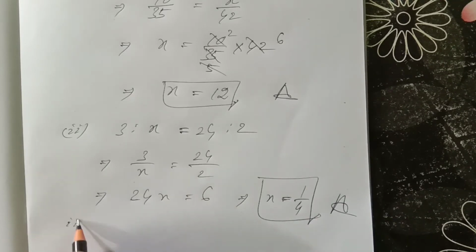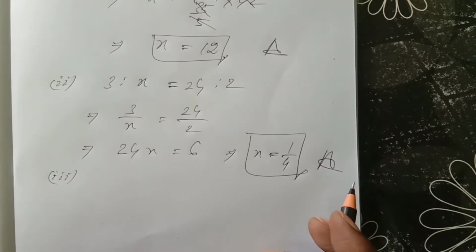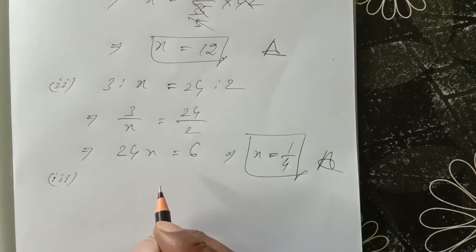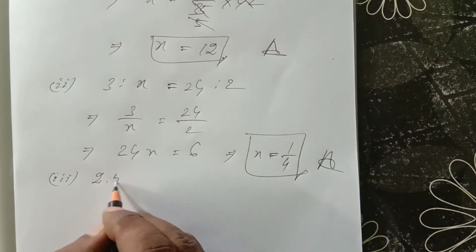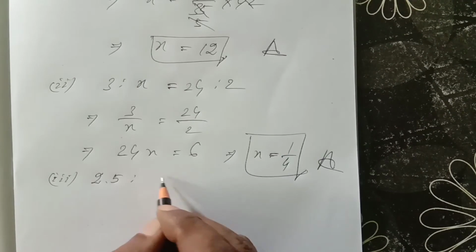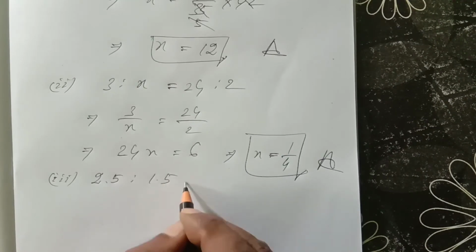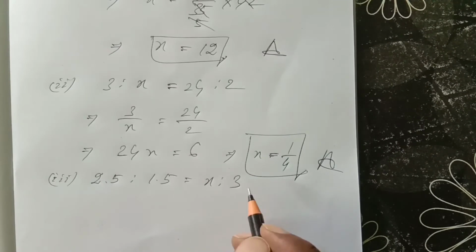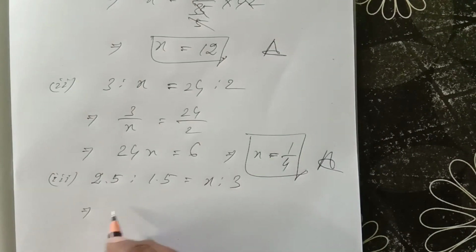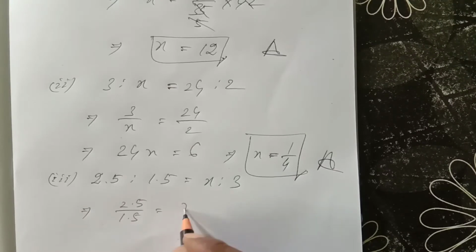Third part of the question is given: 2.5 is to 1.5 is equal to x is to 3. Now 2.5 by 1.5 is equal to x by 3.